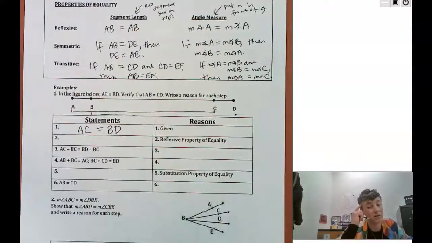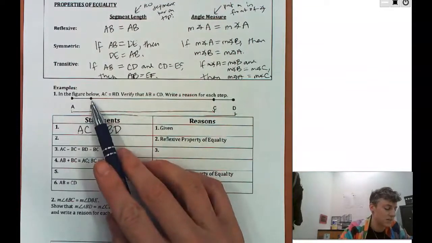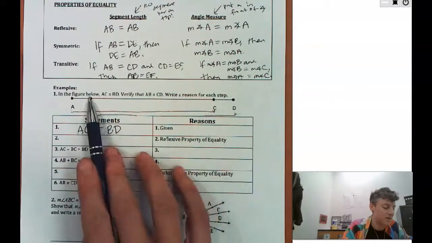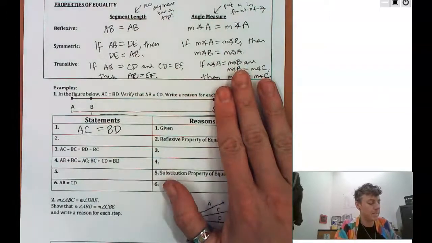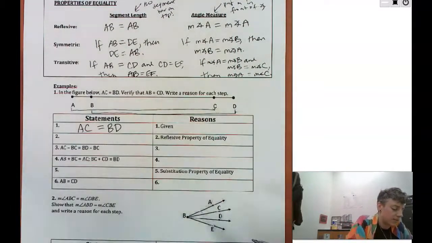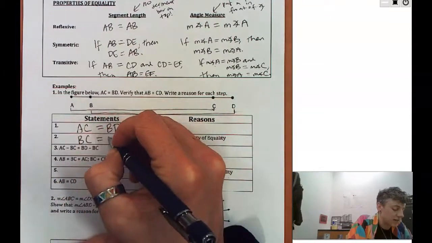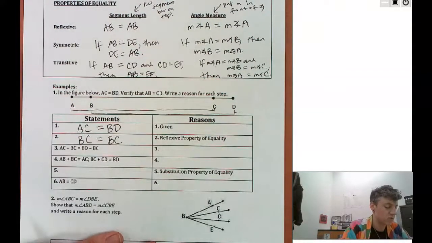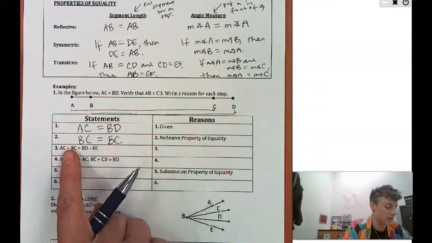We talked about in our plan, we're going to be using the fact that this segment BC is the same in both AC and BD. So we can say that BC is equal to itself.